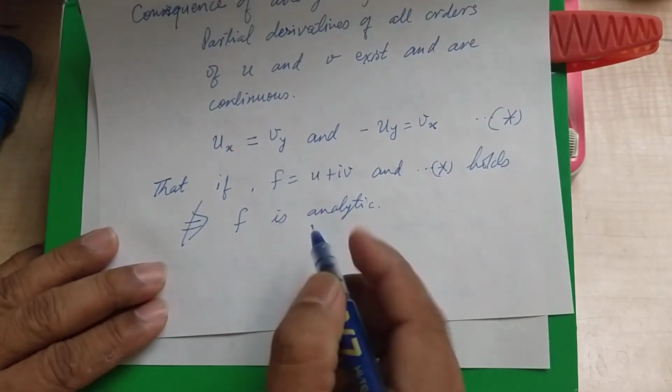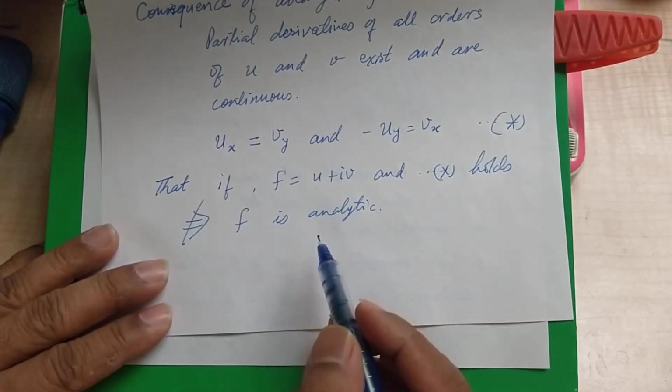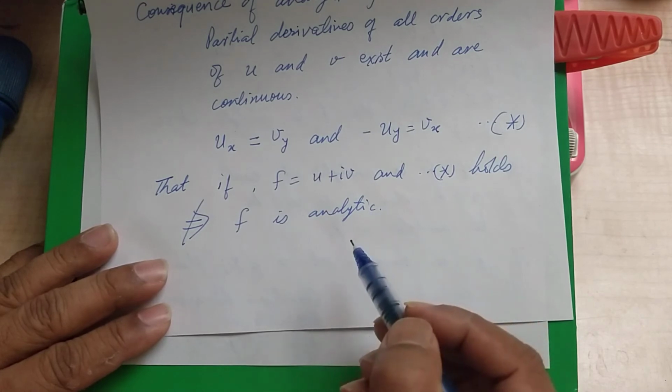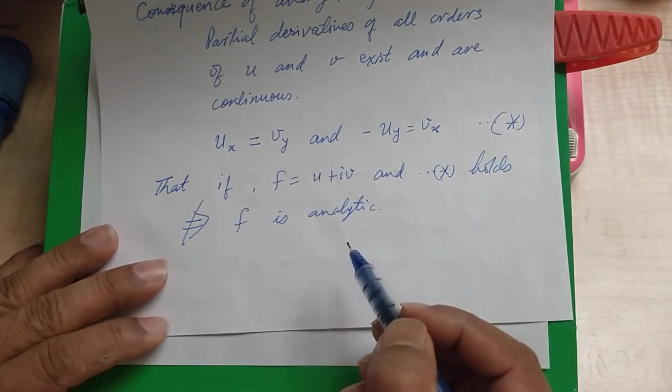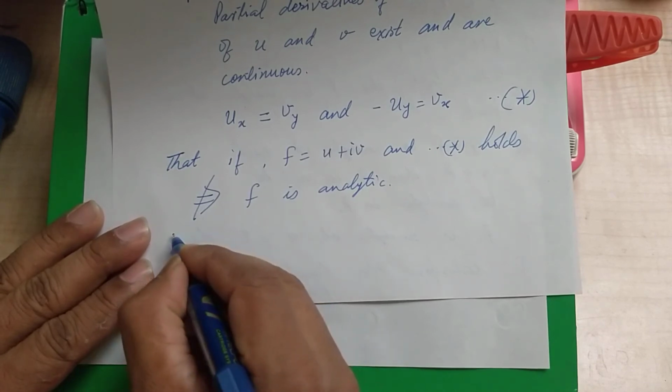What is needed is that the first order partial derivatives are also continuous, then the function becomes analytic.